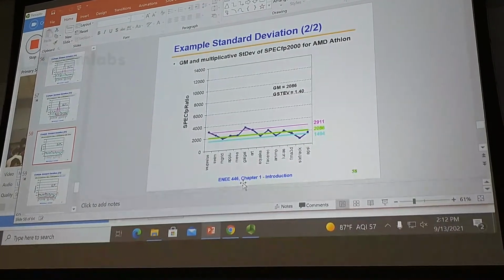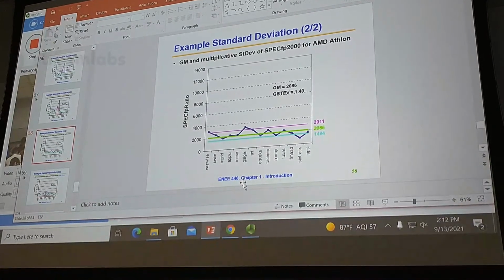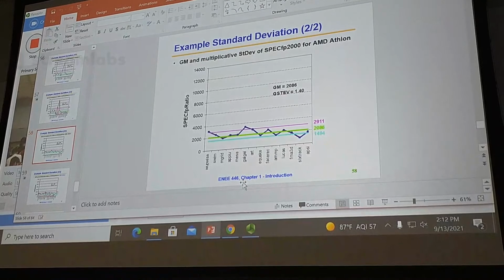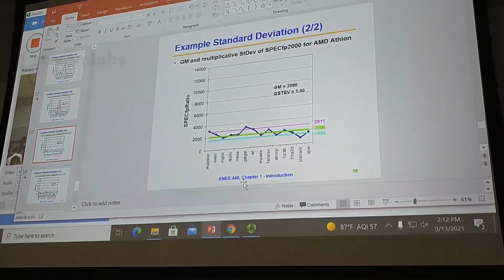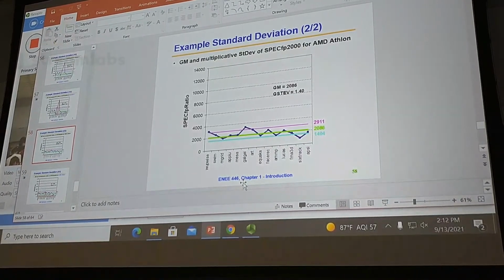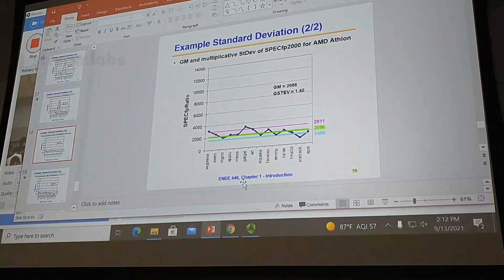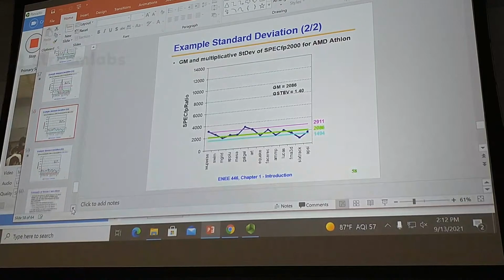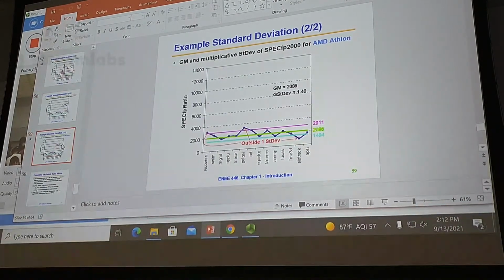So anytime you go for a single number, you are losing information. Now, it would be better to have the full picture, but that's a lot of data, and so that's why most people then summarize it with a single number.